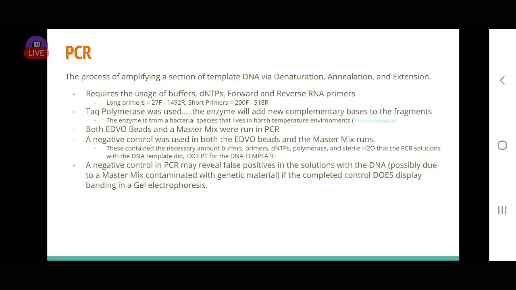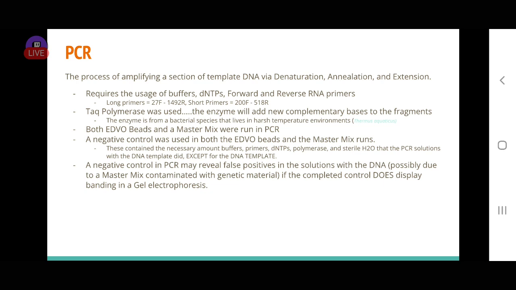A negative control was used in the experiment in both the AdvoBead and MasterMix runs, and the negative contains the same dNTPs, buffers, the Taq polymerase, the forward and reverse primers, but it's different from the actual PCR solutions in which it does not contain the template strands or the DNA extracted from the bacteria.